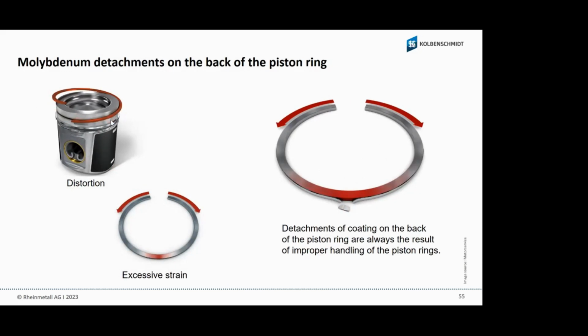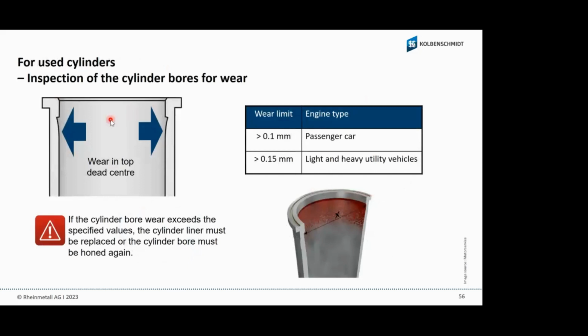One other effect, when they open an engine and you see the wear on the top dead center, this is what I described before. When the piston runs up and down, it has speed. Remember this wheel on the road with the water on the road. And when you stop the car, the wheel has contact with the road because we are missing the speed.